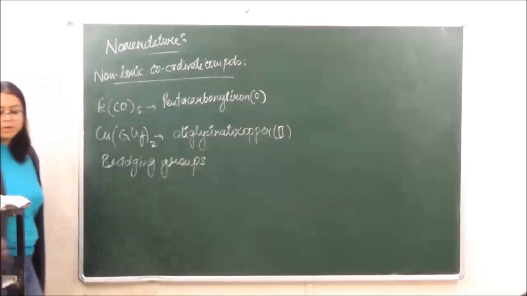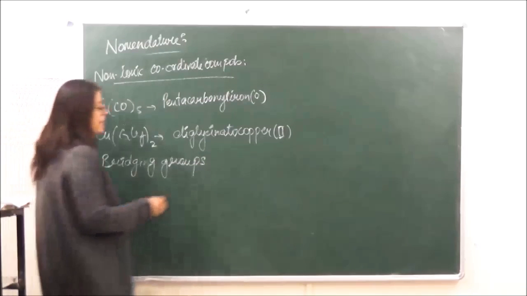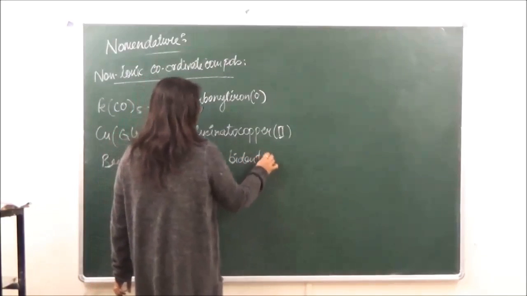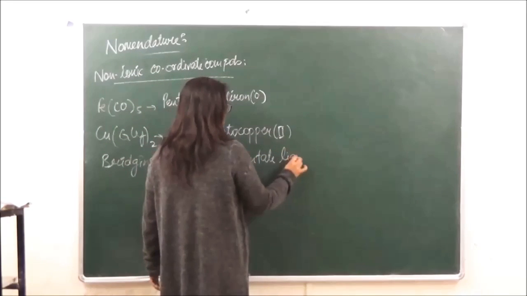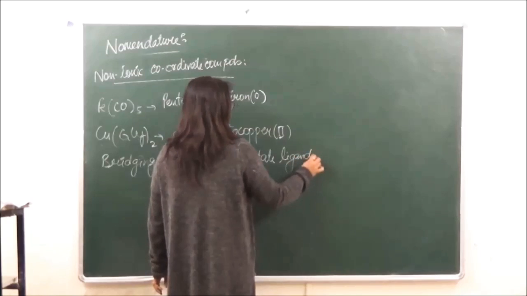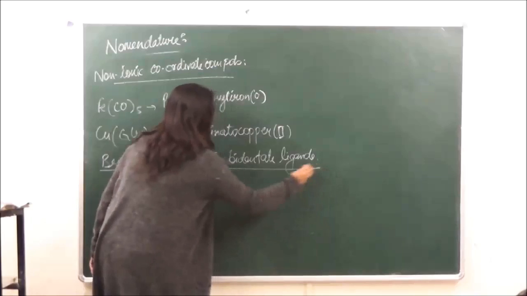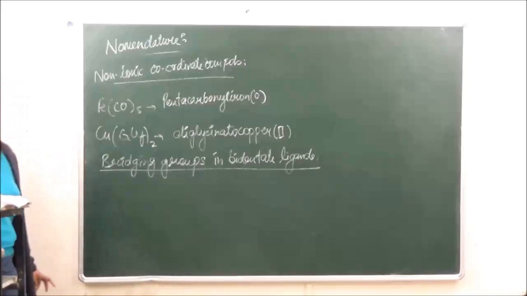Then we also have certain bridging groups. We have certain bridging groups in bidentate ligands. In this case, we are going to use a prefix mu. Okay, there are bridging.